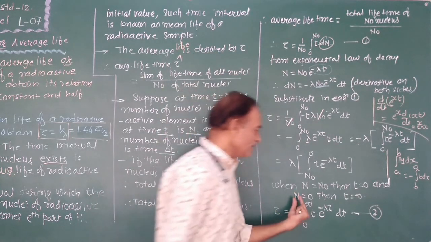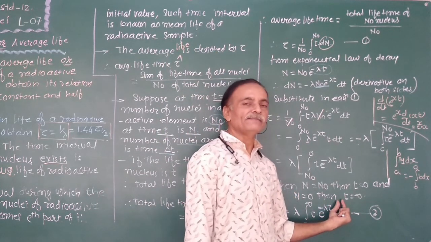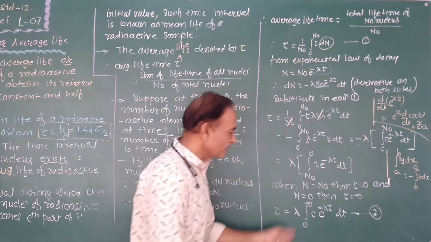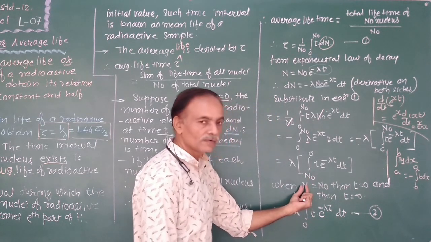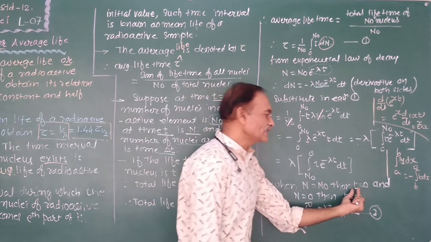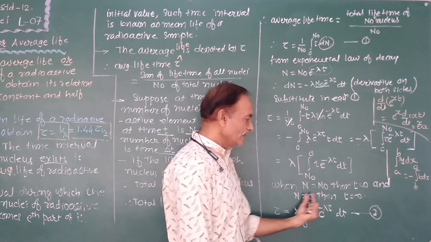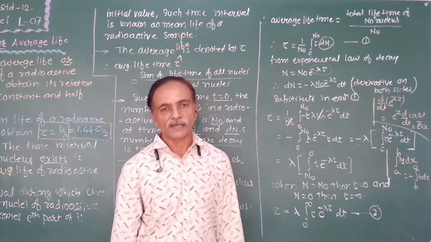Therefore, as n becomes 0, the time taken is infinite. So in this limit, when n is equal to n0, t is equal to 0, and when n becomes 0, t is equal to infinity.